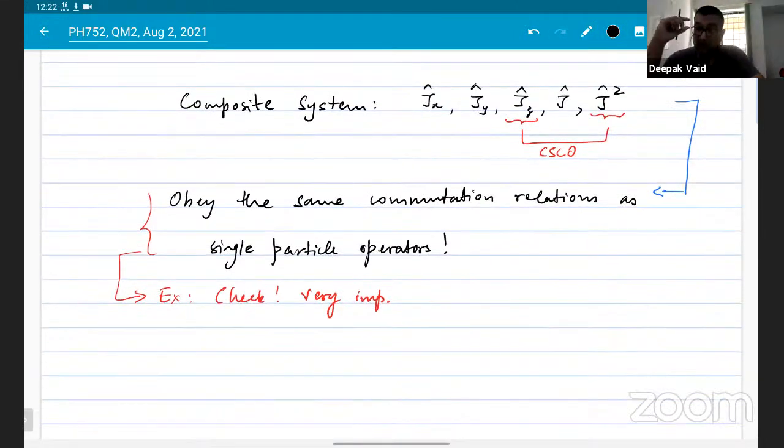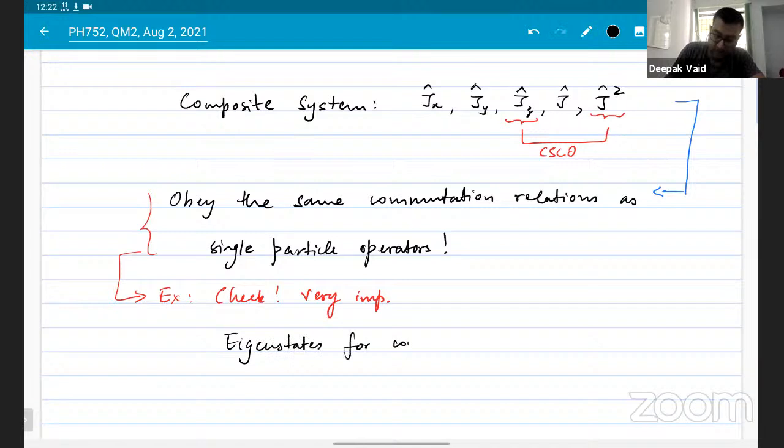Now, once you have this complete set of commuting operators, you can write down the eigenstates for the composite system. Remember, what are the eigenvalues?